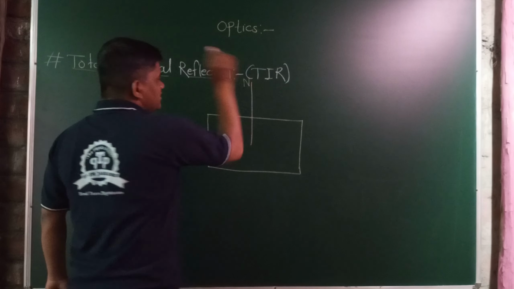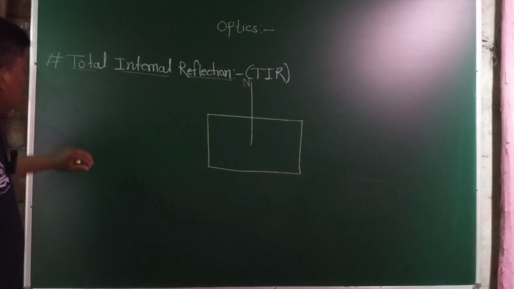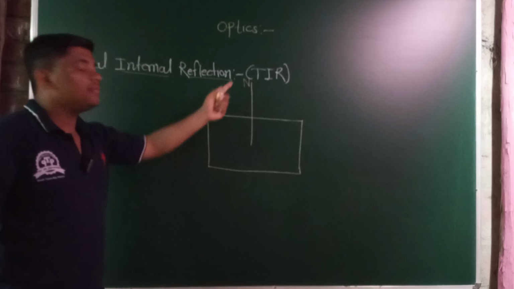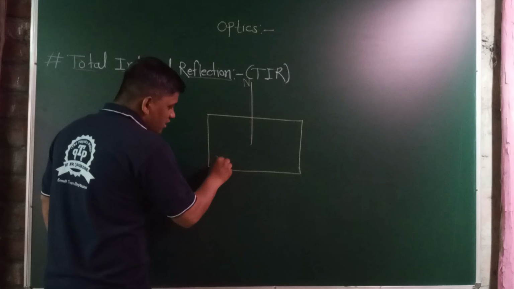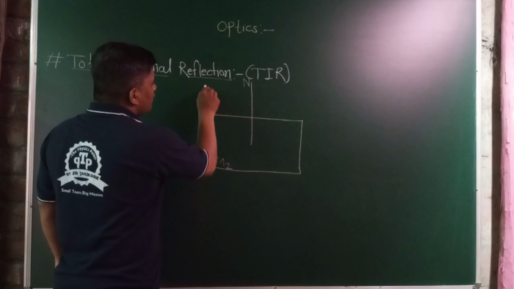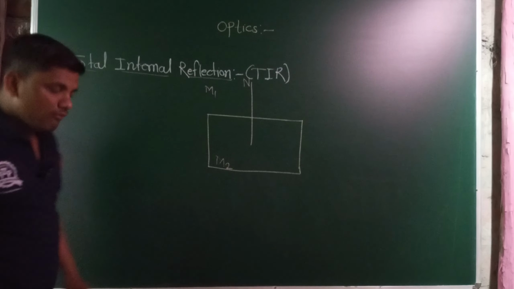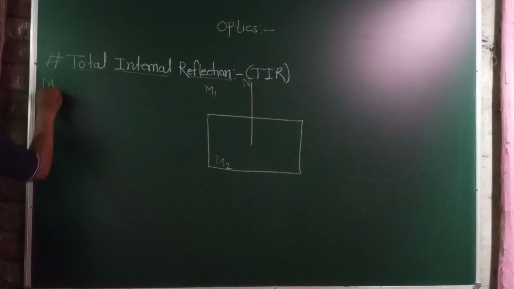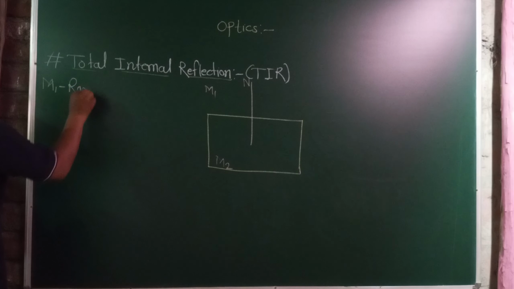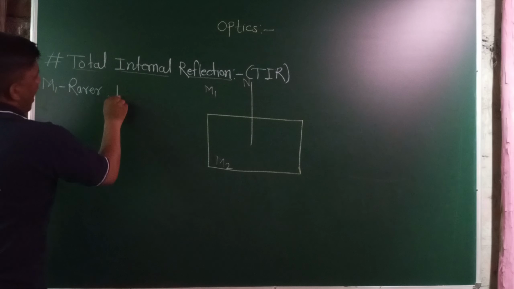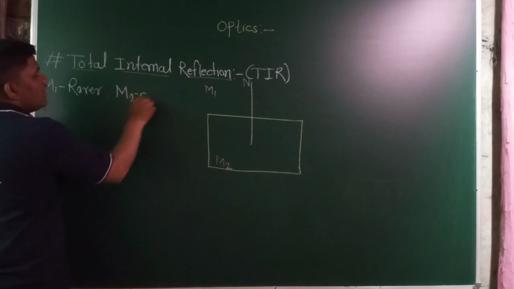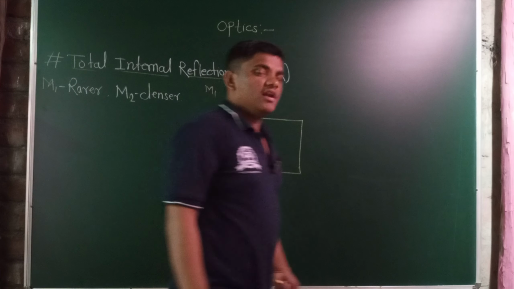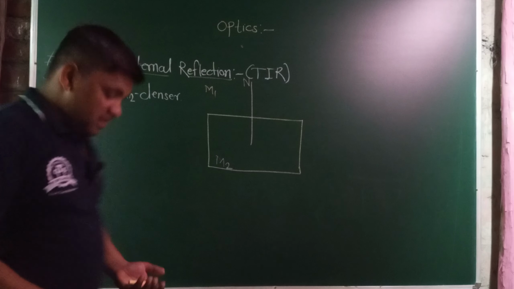In this concept, we want to pass light from the denser medium to the rarer medium. This is M2, medium 2. This is M1, medium 1. M1 is the rarer medium, and M2 is the denser medium.